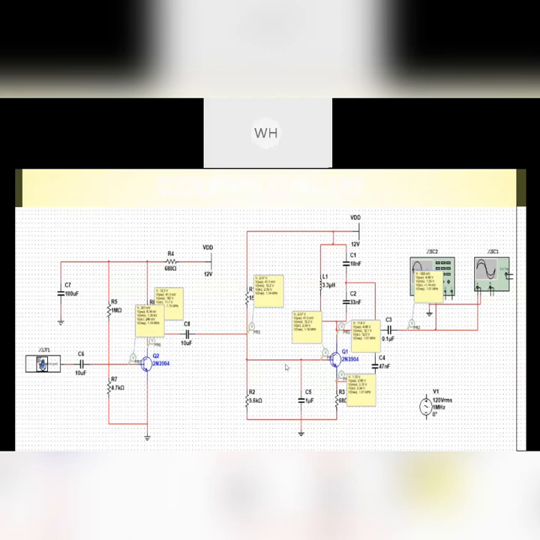So from this circuit, we can get an output of 1.01 megahertz. We connect this circuit to VDD of 12 volt, and we use 120 VRMS, and the frequency is 1 megahertz.